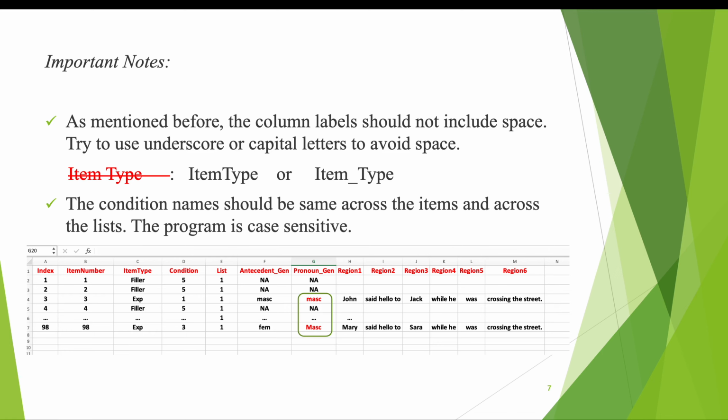So don't use a space in the header or label rows. Instead of having a space, try to use capitalization or underscoring between the words. So instead of having item space type, just use item underscore type or itemType with no space in between.